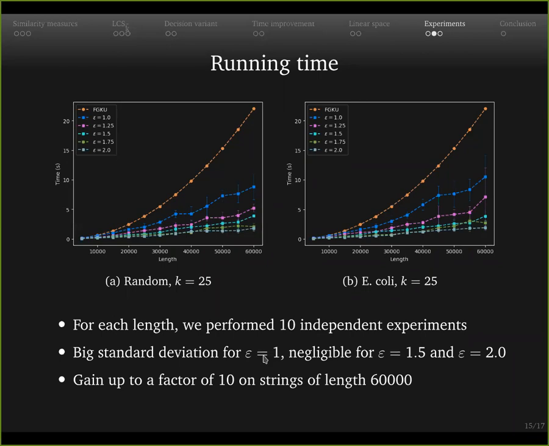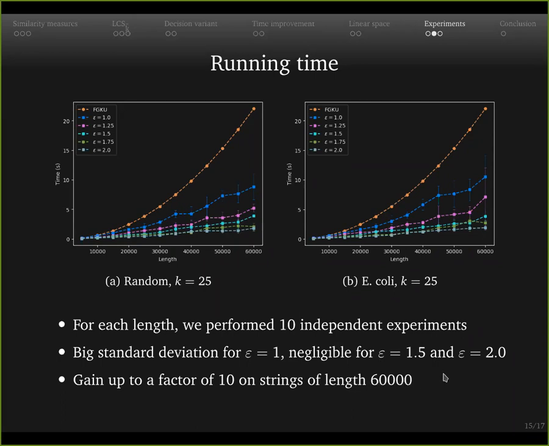However, there is a big standard deviation for epsilon equals 1, which is probably due to how we implemented the algorithm. But it's negligible for epsilon equals 1.5 and epsilon equals 2. And the good news is for strings of length 60,000, we actually have a gain of a factor up to 10.